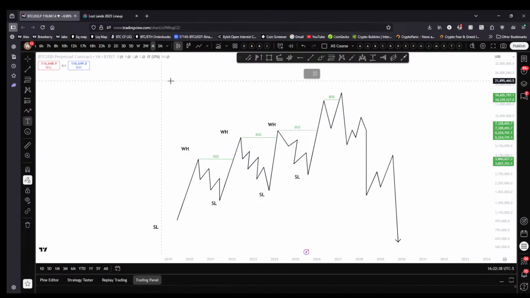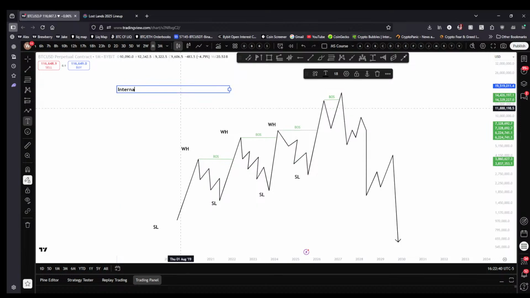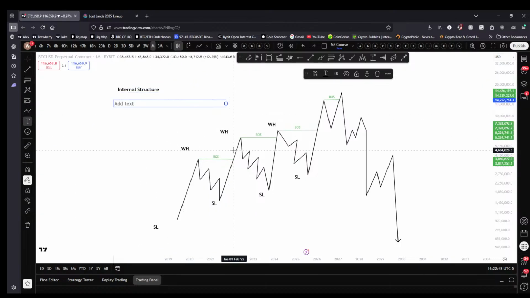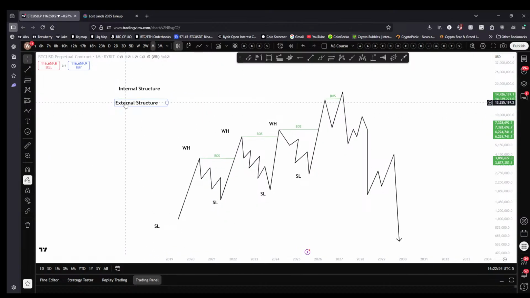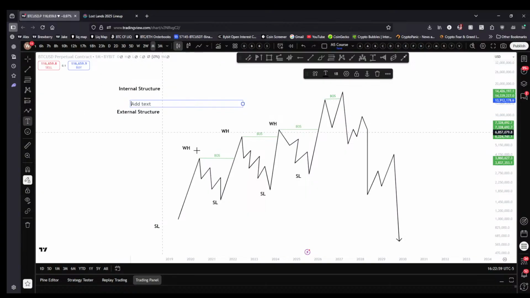This is why it's important to understand the difference between internal structure versus external structure. This is where most people go wrong with market structure, and this is probably, well, everything's important, but this is one of the most important things when it comes to market structure.